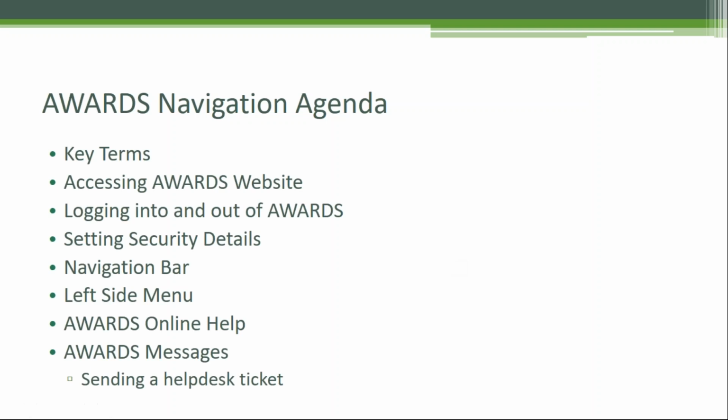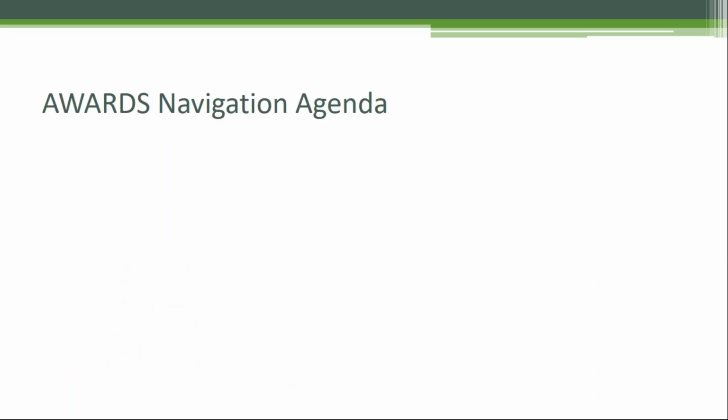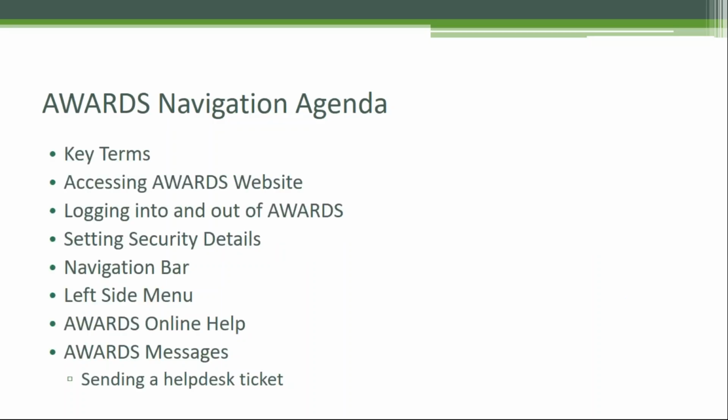On the agenda for this training, welcome to awards navigation. This is part 2 of the CARES Regional HMIS New User Training. On the agenda for this section, we are going to review some key terms.